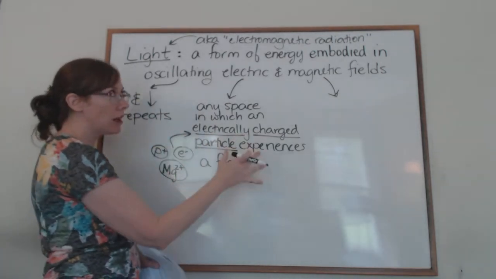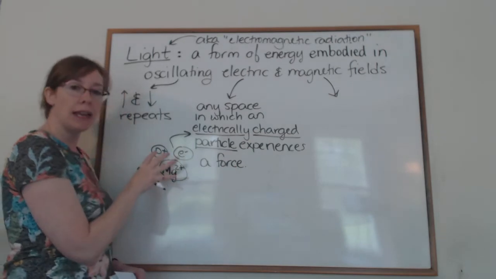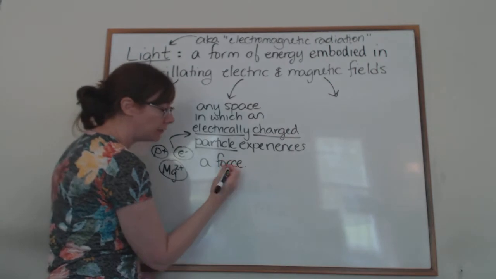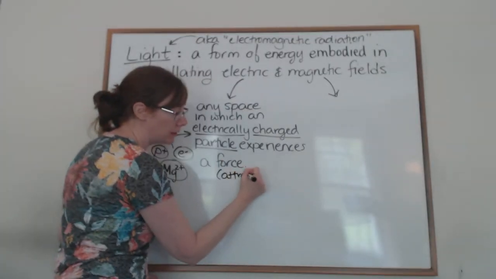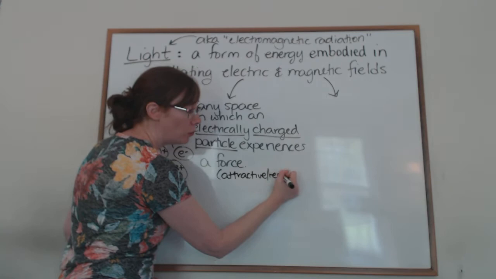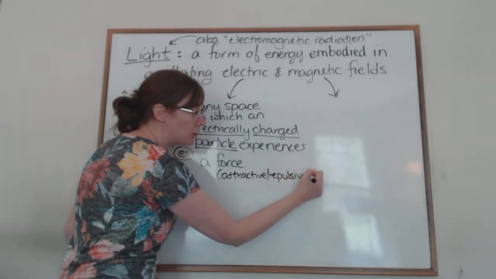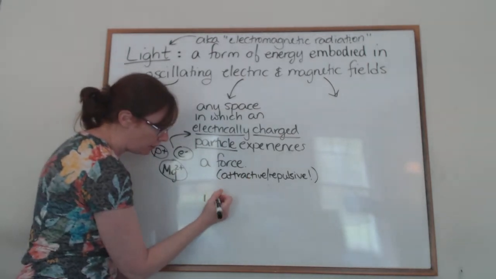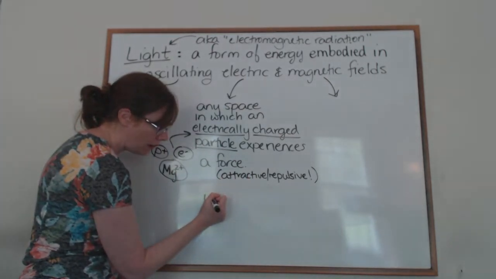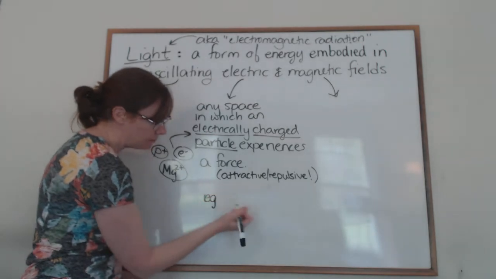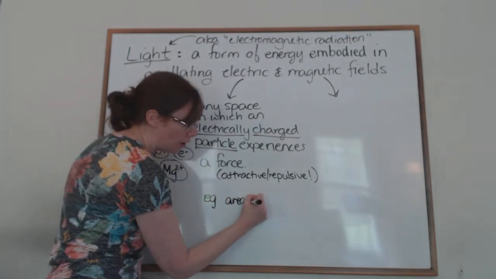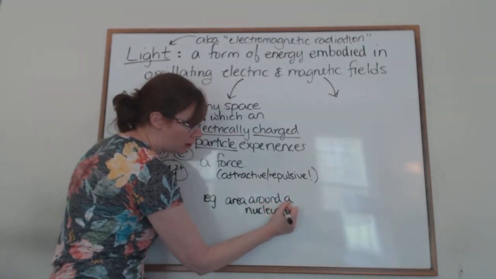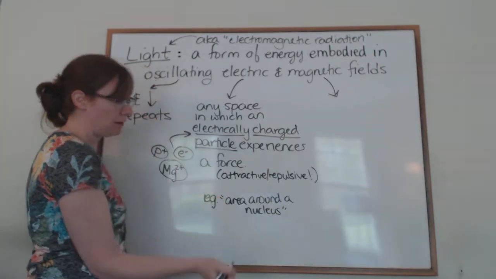If you are talking about an electric field, you're talking about any area where these are going to feel something, either an attractive or a repulsive force, which we have already given you the vocab term for that. These are called electrostatic forces. So for instance, let me give you a for instance. I think for instance is e.g. The area around a nucleus would be an example of an electric field.